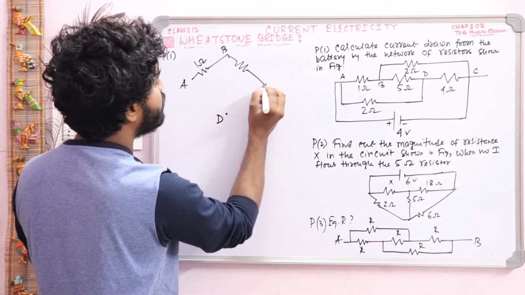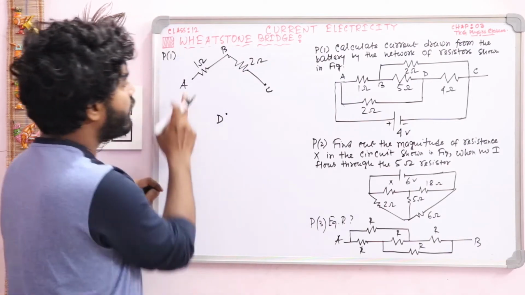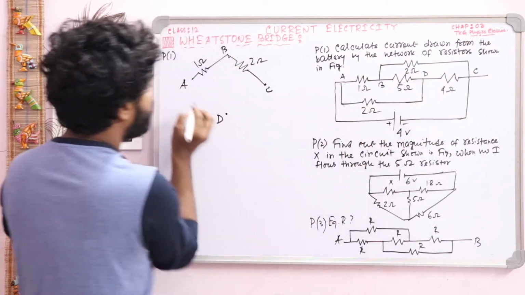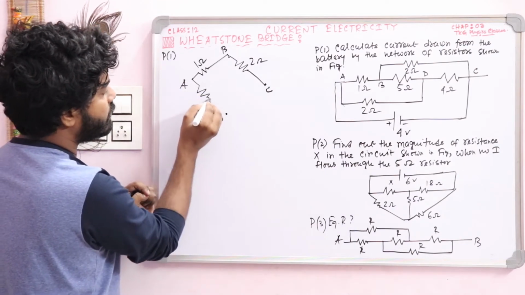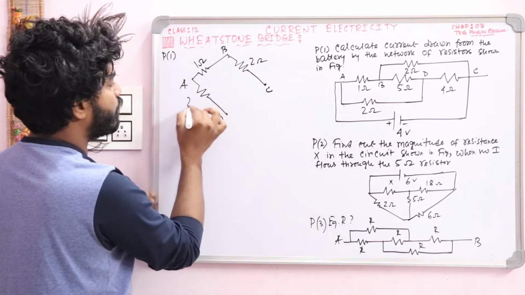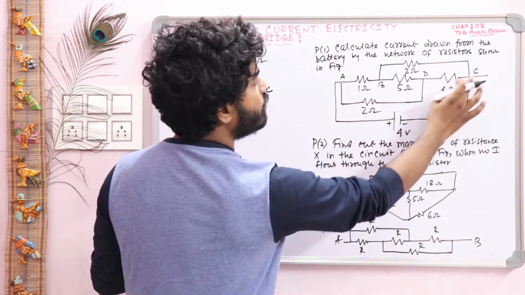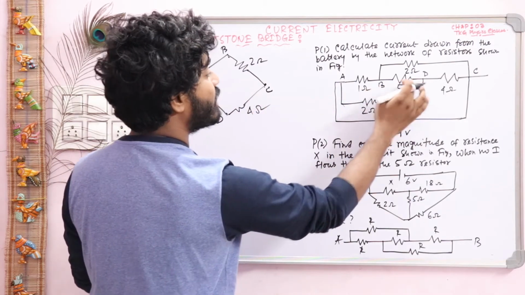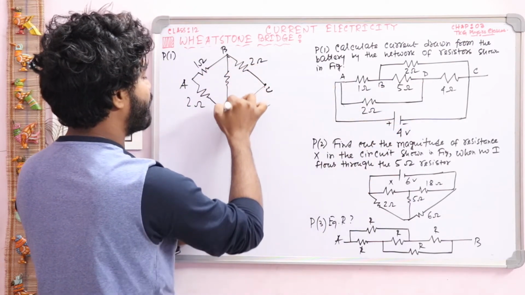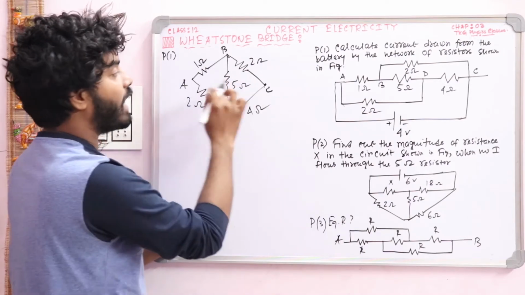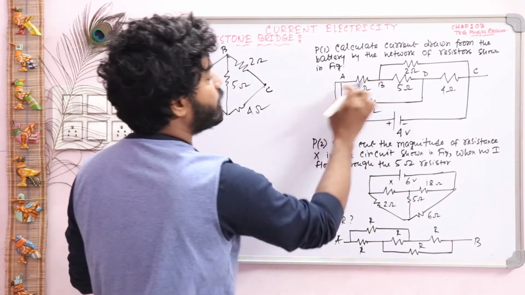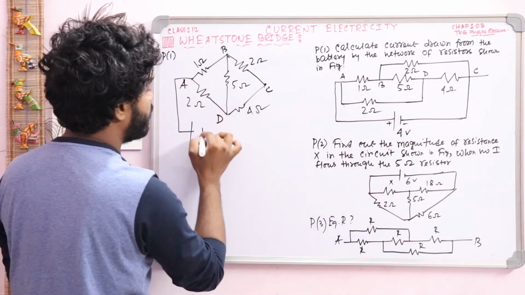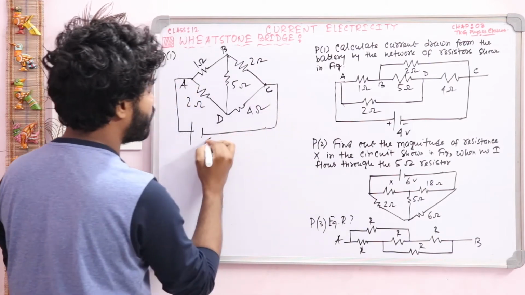A to D resistance 2 ohm. D to C is 4 ohm, and B to D is 5 ohm, and this resistance is the resistance of the galvanometer. And between A and C there is a connection, that is a battery of 4 volt.